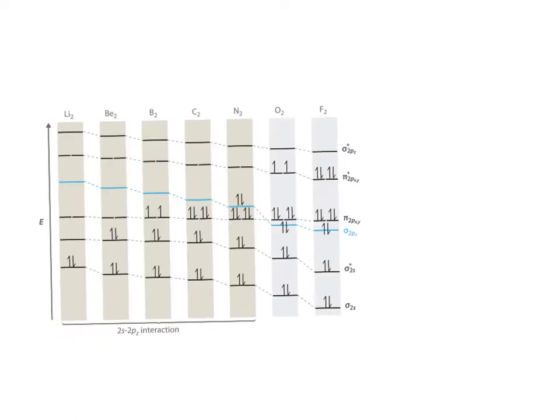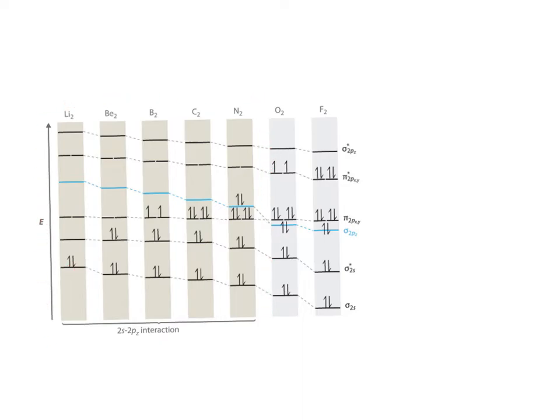So if we look at the homonuclear diatomics that we can make from the second row elements, lithium, beryllium, boron, carbon, nitrogen, oxygen, and fluorine, and we look at the actual order of these orbitals, we can see that, in fact, for all the elements up to nitrogen, the order that we predicted based on the number of nodes is correct.